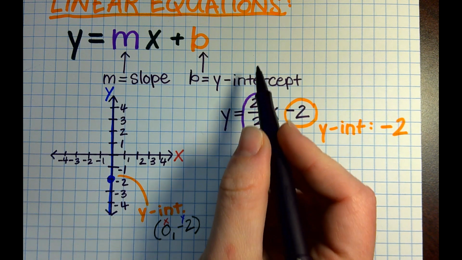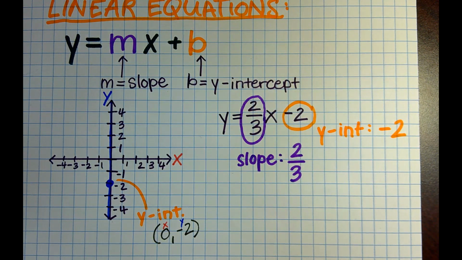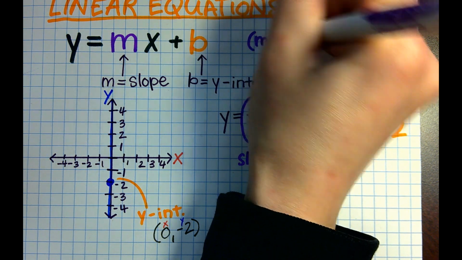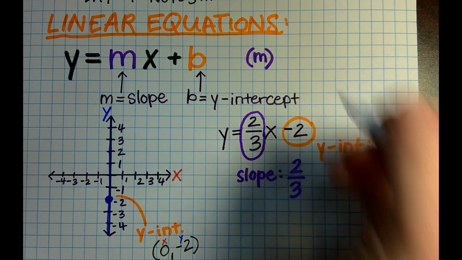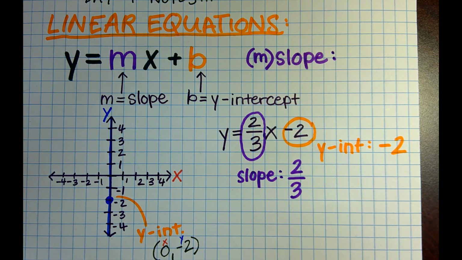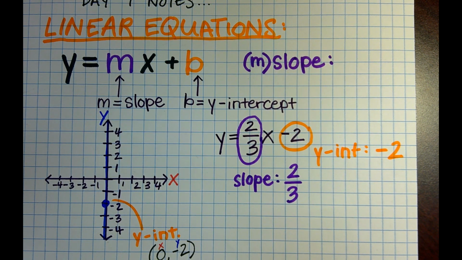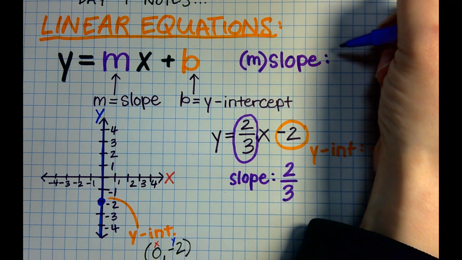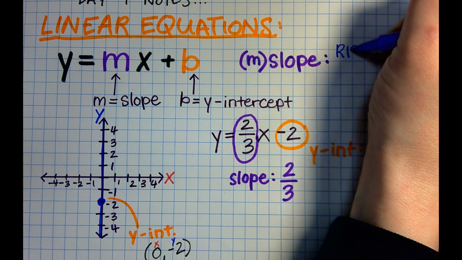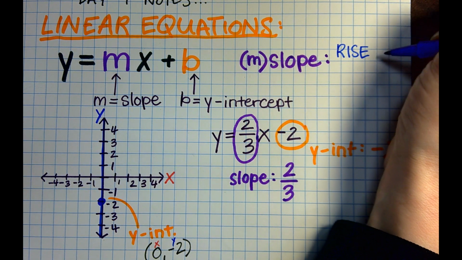I'm going to have us think of slope in terms of something a little bit different. So over here near my equation, I'm going to have you write m, and then I'm going to write slope. Don't worry, this is not another formula. I'm just labeling what we're about to talk about. Slope can also be written as, we're going to use blue and red here, rise over run.